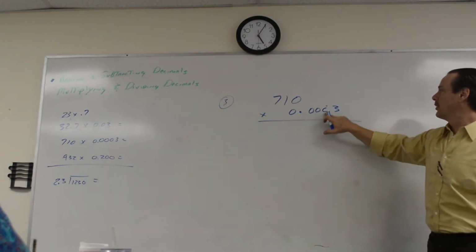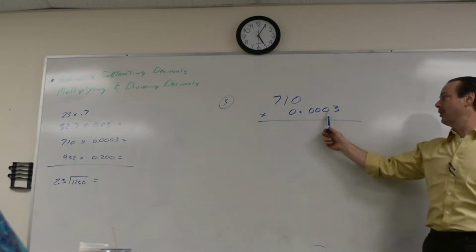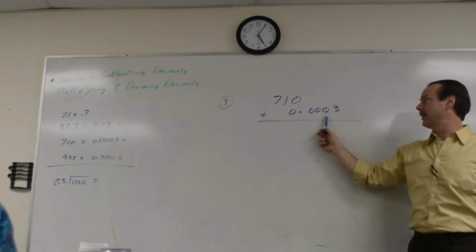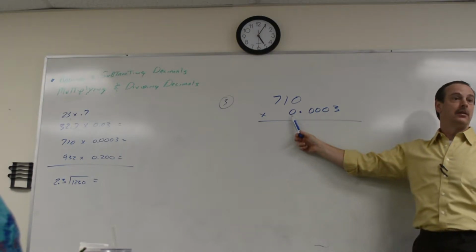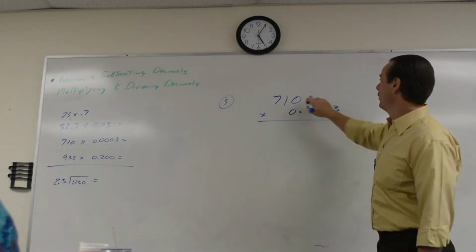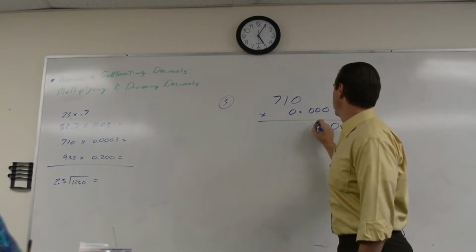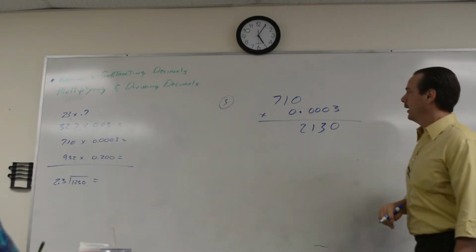710 times, what is this? 3 10,000s? Yes. A little practical application of this. I think what Mariah was saying is we don't have to multiply the 710 by these digits here. If she said that, she was correct. So 3 times 0 is 0, 3 times 1 is 3, 3 times 7 is 21. That's what we're going to get.